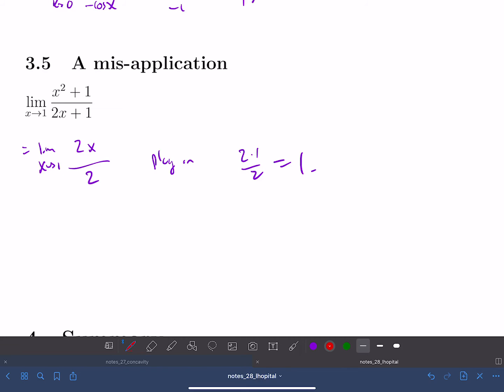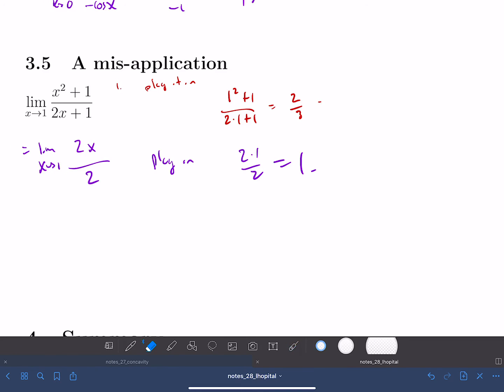Oh, I'm supposed to plug it in to start with, not just start using tools. I got to check whether I have the right tool. Got to use the right tool for the right job. Step 1, plug it in. And if I plug it in, I'm going to have 1 squared plus 1 over 2 times 1 plus 1 equals 2 over 3. 2/3, that's not equal to 1, right?